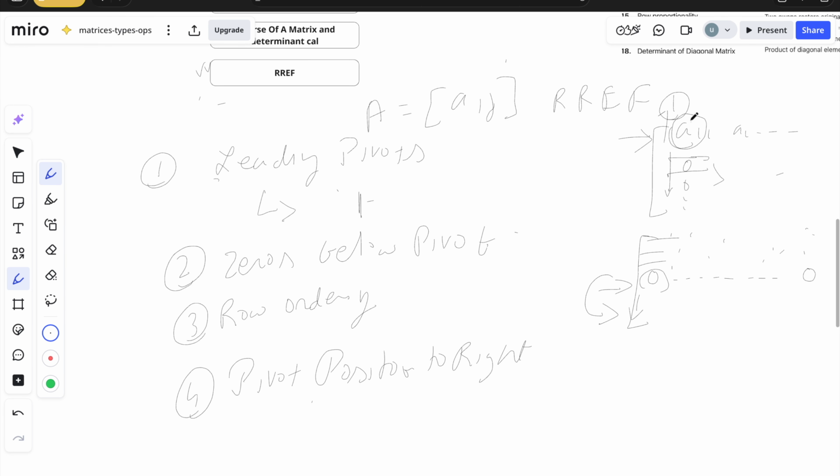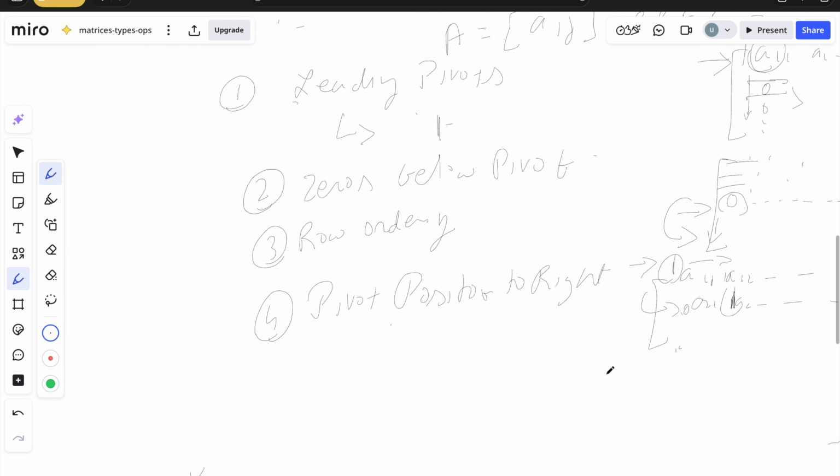So if this is a non-zero row, A11, A12 and so on, and this is A21, A22 and so on, and this is 1, the leading pivot here, then the second pivot should always be to the right, obviously, because below this all are zeros, right? So it should always be on the right.